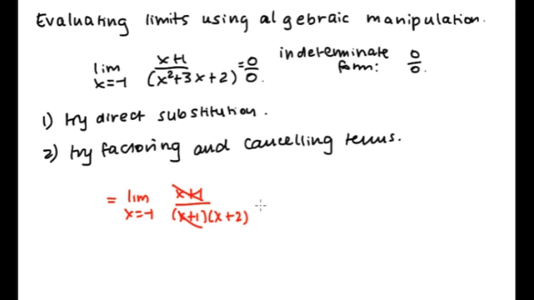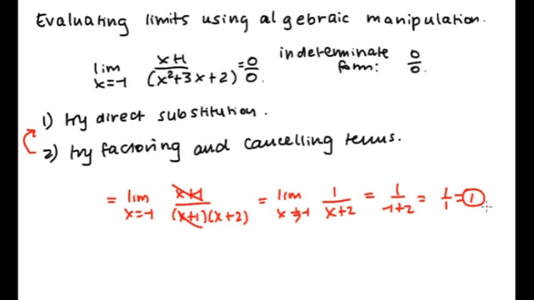So the x plus 1's cancel, and this equals the limit as x approaches -1, my bad, of 1 over x plus 2. Okay, and now we go back and try direct substitution again. We get 1 over -1 plus 2. That's 1 over 1, which is 1. So we have our answer.